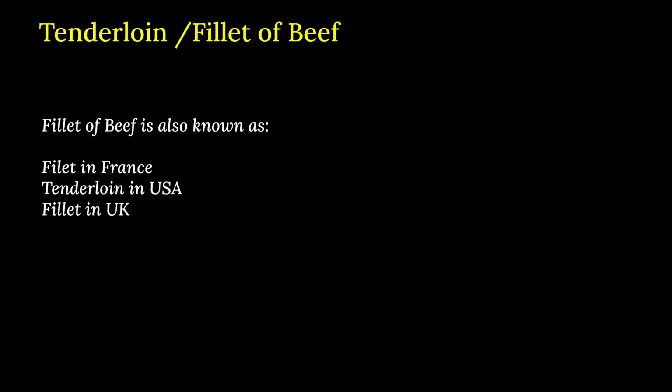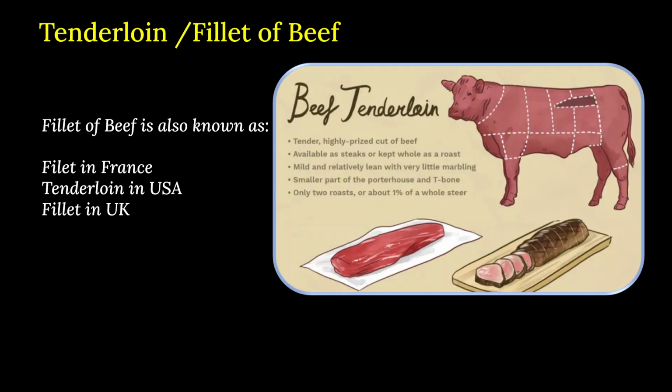In general, it is also known as undercut. Okay. So these are a few of the popular names of filet in the culinary world. And you can locate this image to get a reference in your mind: this is the position of the fillet. Because of this position, it is known as the undercut, because it is available under the cut.